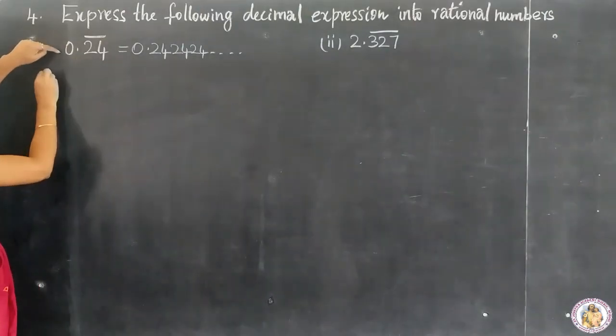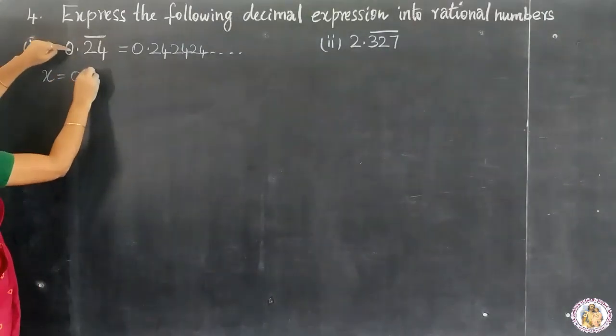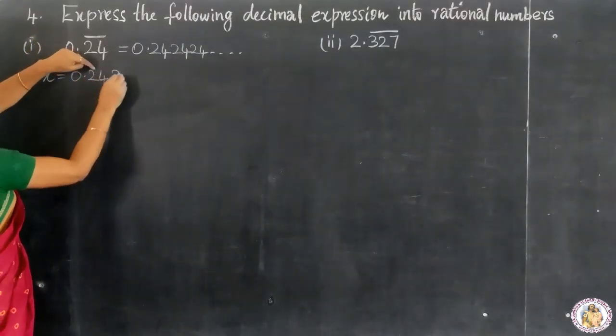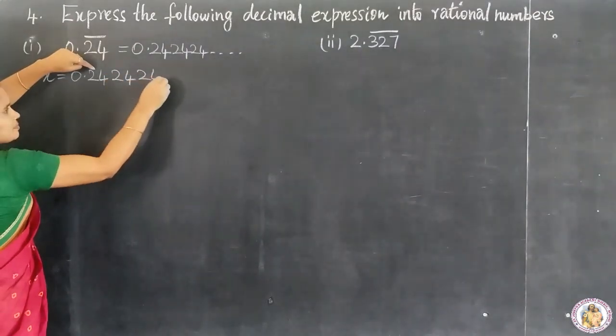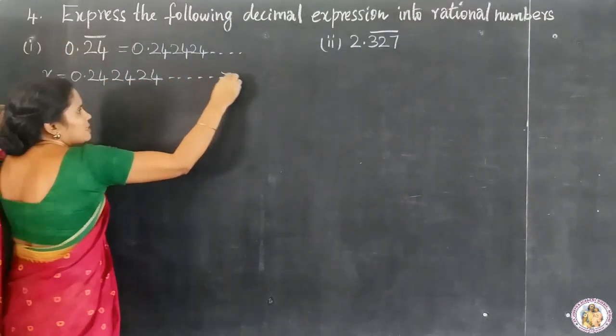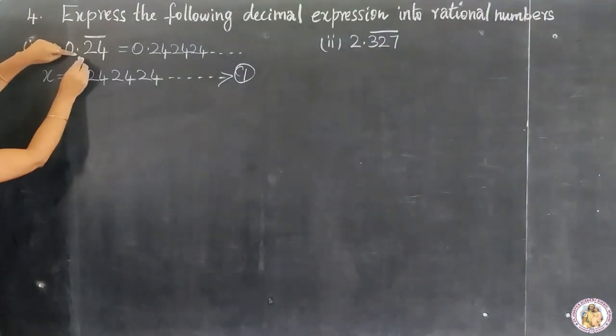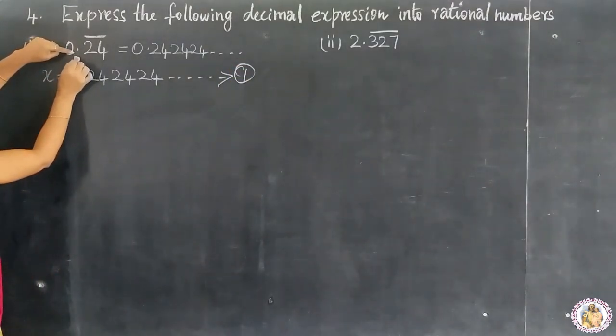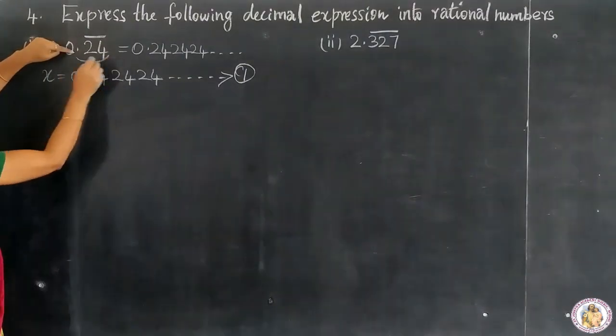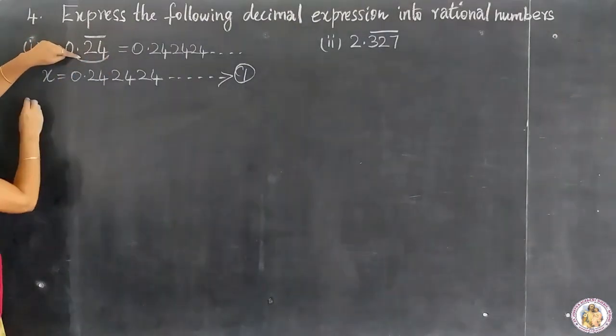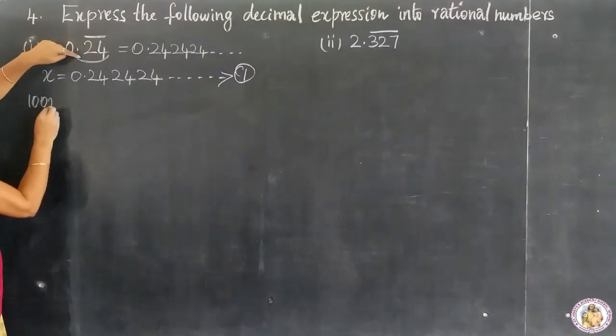So taking this, x is equal to 0.24 bar and taking this as equation 1. And here you can see after decimal we have 2 places. So 100 into x.